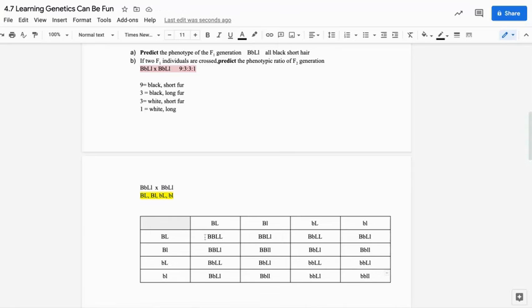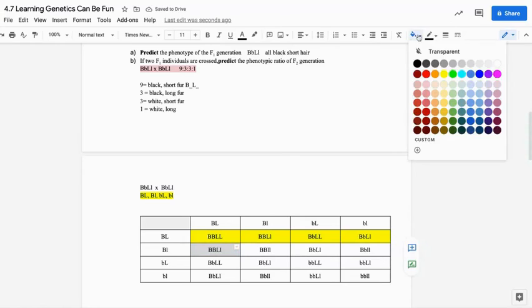Okay, so again, black short fur would have to have a big B at least, right? And a big L. Anytime, because it's dominant. So that's this one. That's this one, this one, this one. So this whole row, I'm just going to make yellow. Okay. And then, yep, this one, not that one.